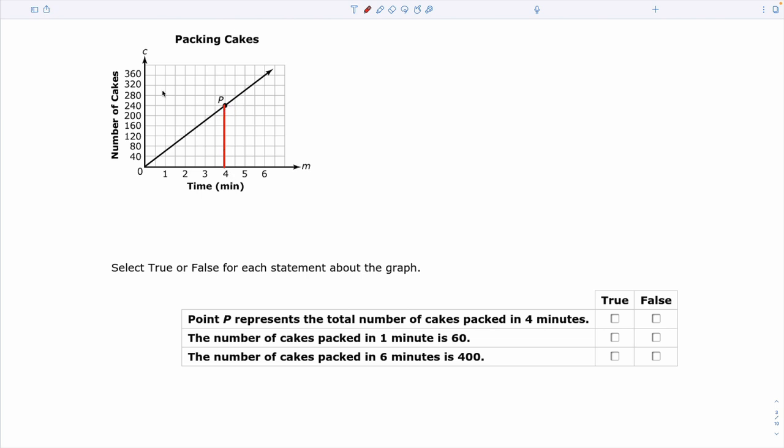It would be 240, and that would be the total in 4 minutes. This is true. P is directly over 4. It's across from 240. This would be 240 over 4.